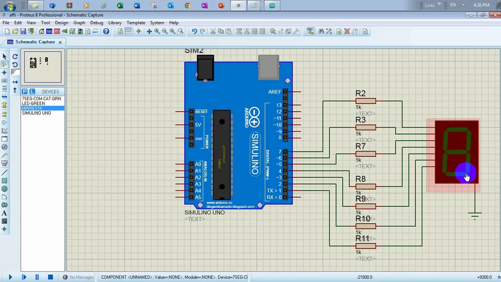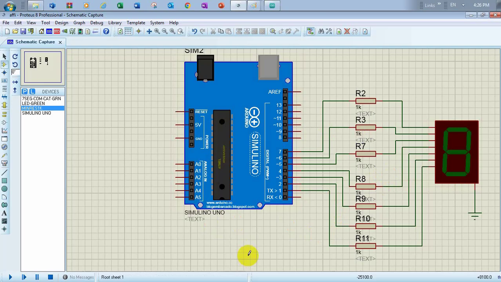For that we should write a program for this component to view numbers in order. How do we do that?